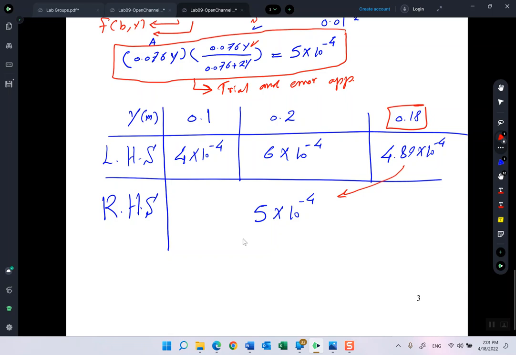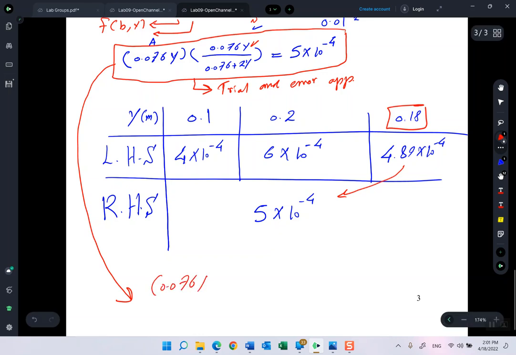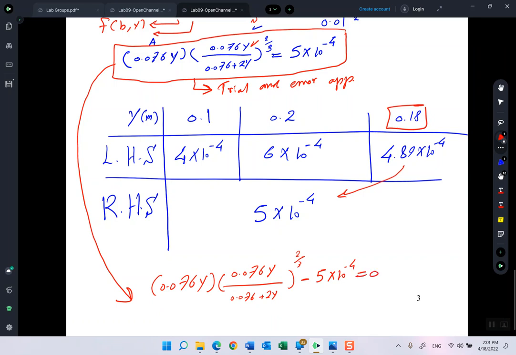So would you mind if I changed the style of this equation to a different style that looks like this? 0.076y multiplied by 0.076y over, I forgot to put the power here, divided by 0.076 plus 2y to the same power, minus 5 multiplied by 10 to the power negative 4 equals 0. Do you mind if I did that? It's the same thing, right?